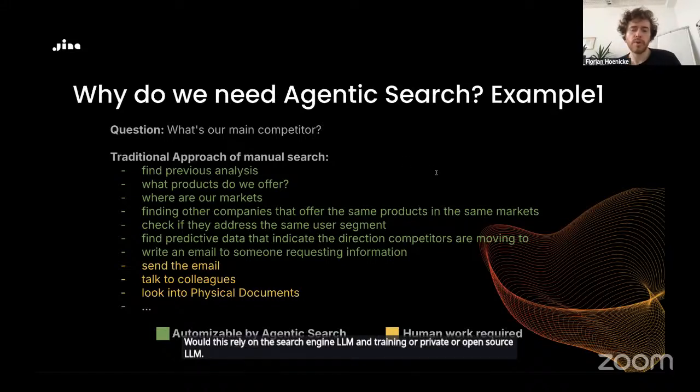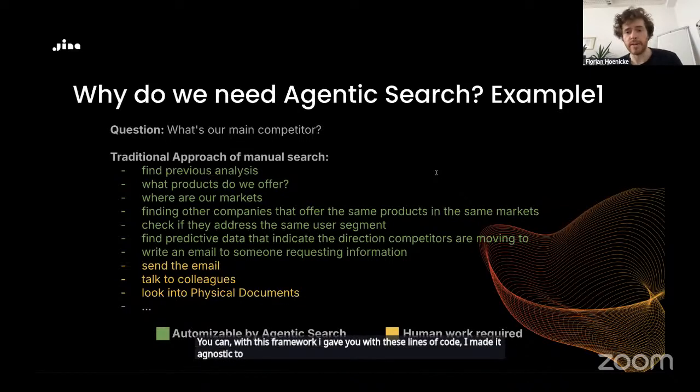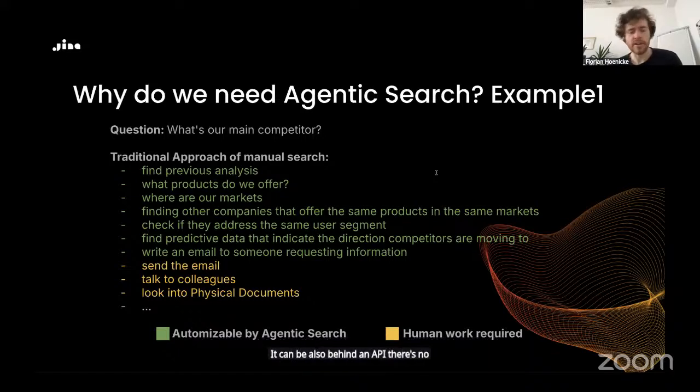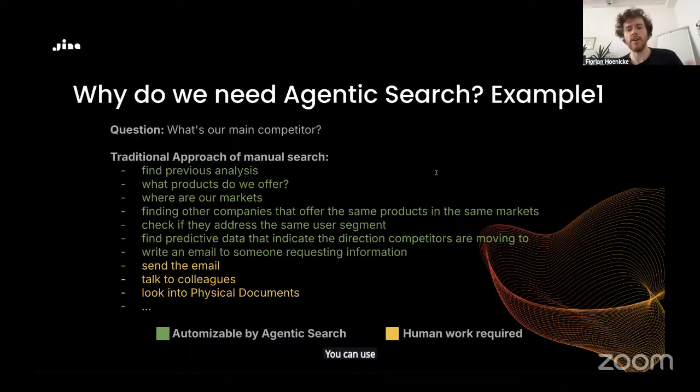With the framework I gave you, with these lines of code, I made it agnostic to the LLM provider. So it can be open source. It can also be behind an API. There's no function calling or fancy APIs needed that only specific providers have. You can use this with any of these LLM providers.